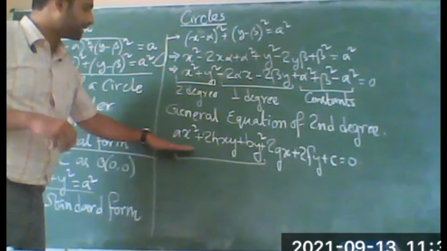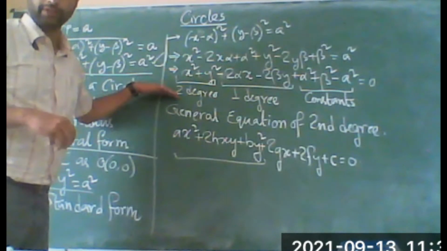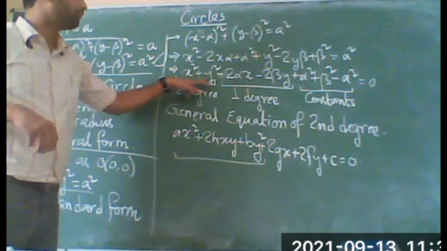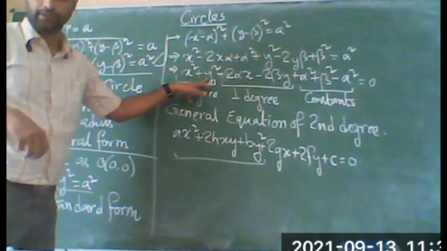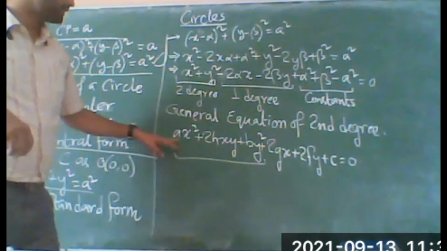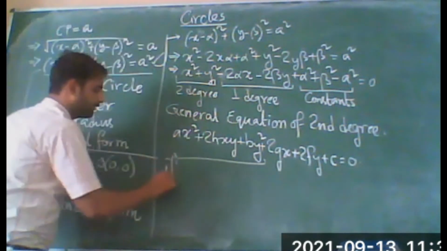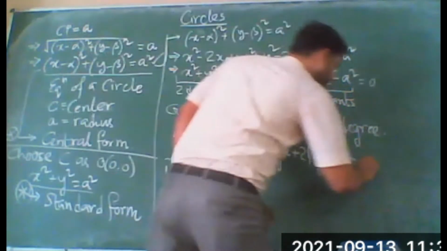Now if I compare this with this, what we get? See, the coefficient of x square and coefficient of y square are 1, 1. Now here in general it is a and b. So if this, let me give an equation number here, say star.